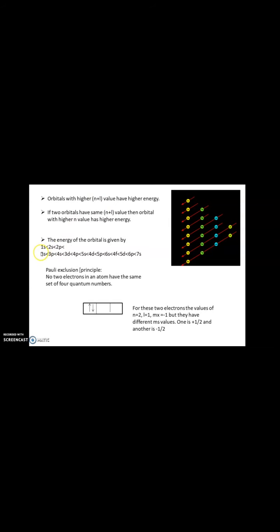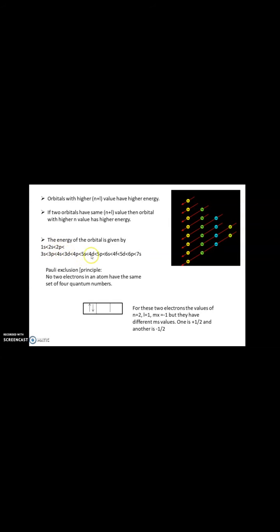In case of 3s orbital, n equals 3, L equals 0. S orbital, L equals 0. So 3 plus 0, 3. So both these two orbitals have the same value of n plus L. But since n value is higher in case of 3s, n equals 3 here, 3s will have a higher energy than 2p.